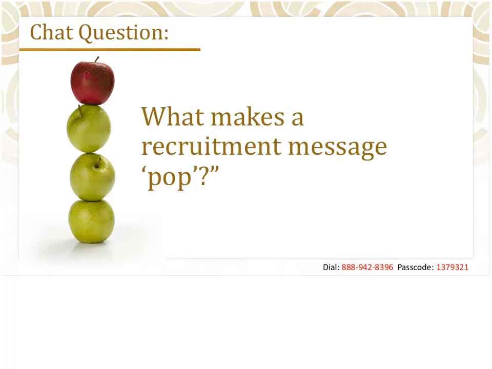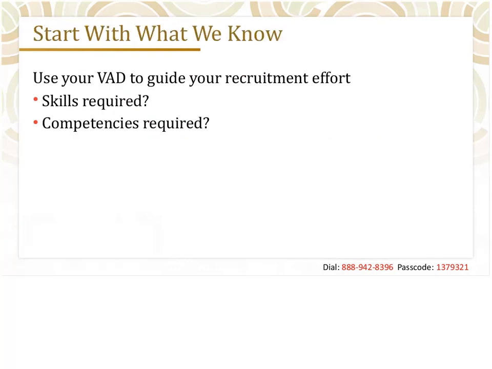What is it that we've got in there? Let's move forward for just a second. So we always start with what we know. We've just been talking about this VAD and what kind of things it really ought to include. In that recruitment component, we really want to hit hard on the skills required and the competencies required and trying to then match that up with where we're going to actually find people with those particular skills and where we should look.